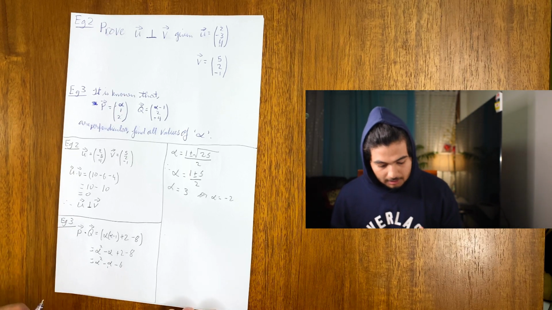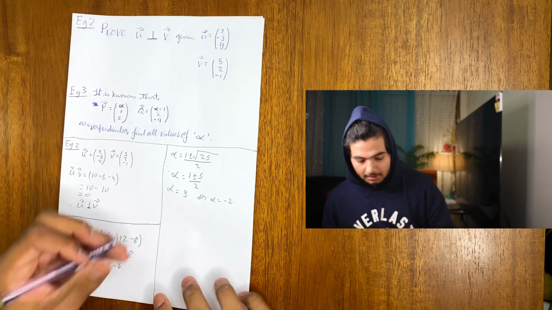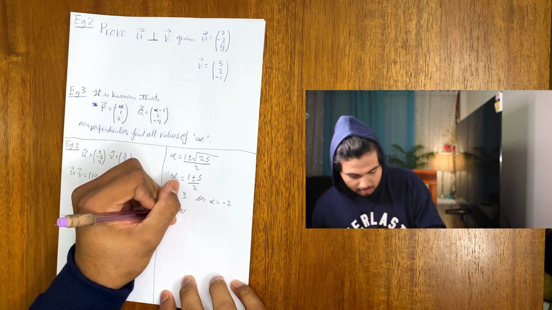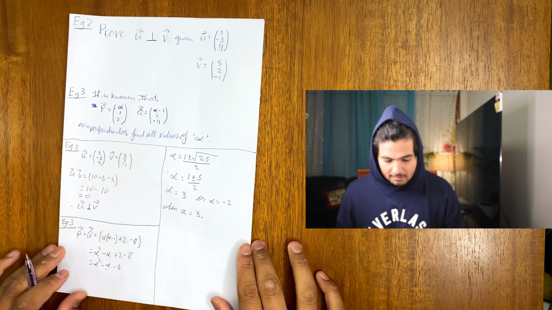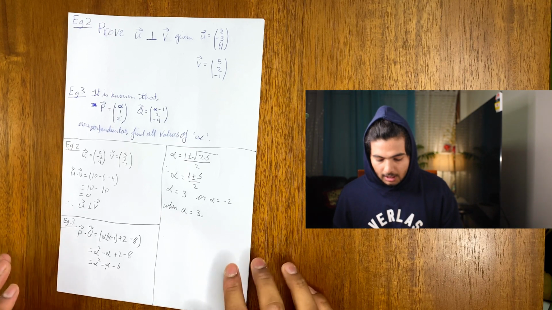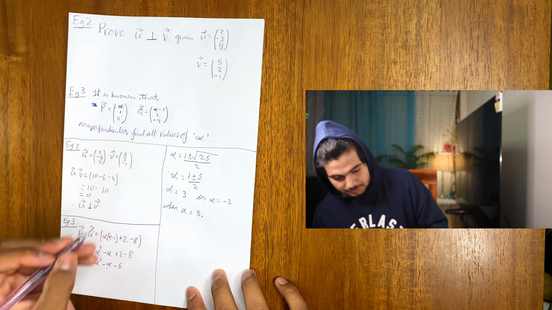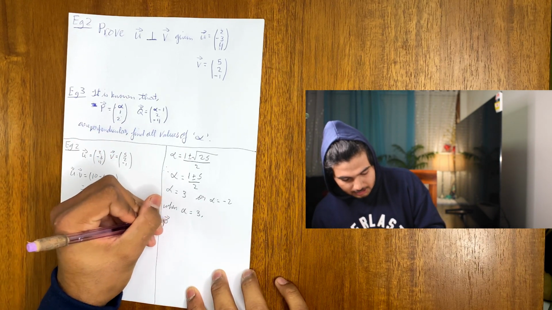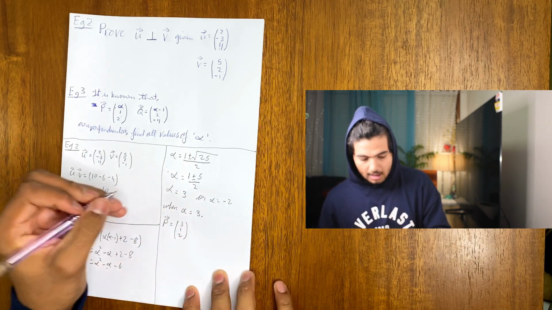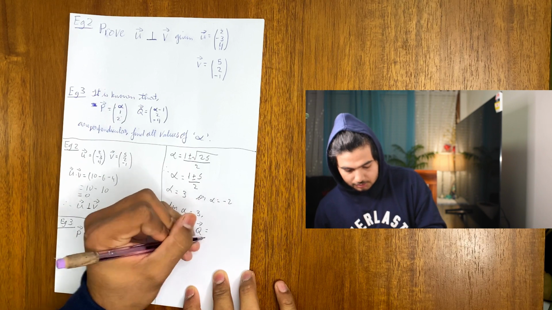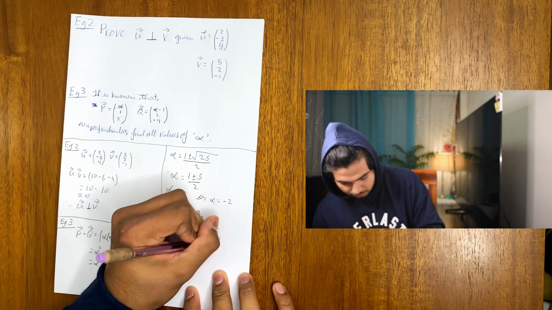Next step is we sub this into this over here. So when alpha equals 3, vector p equals 3, 1, 2, and vector q equals 3 minus 1, 2, -4.